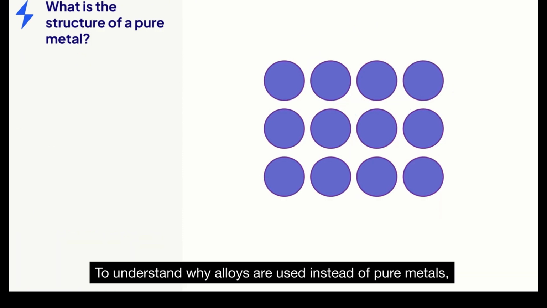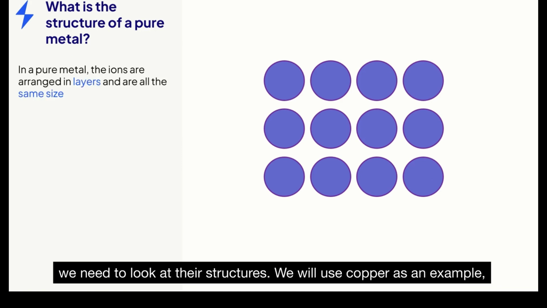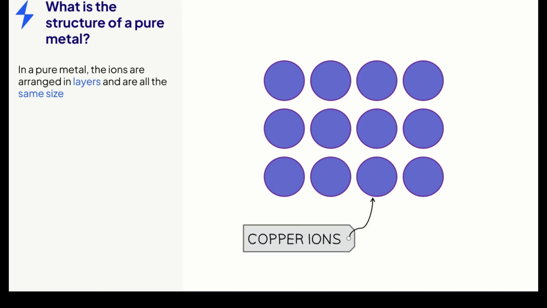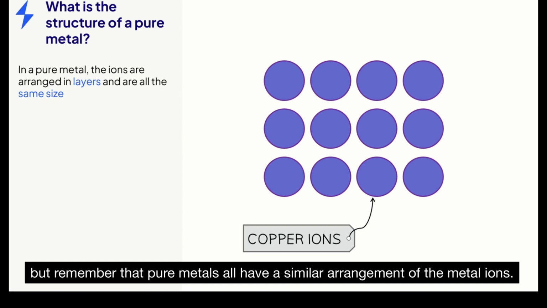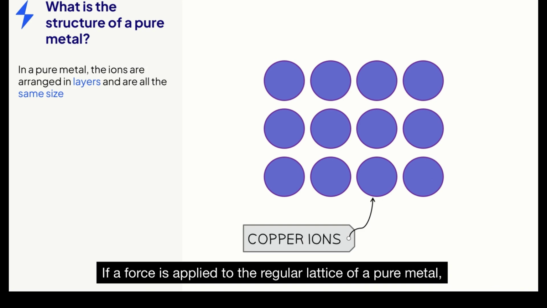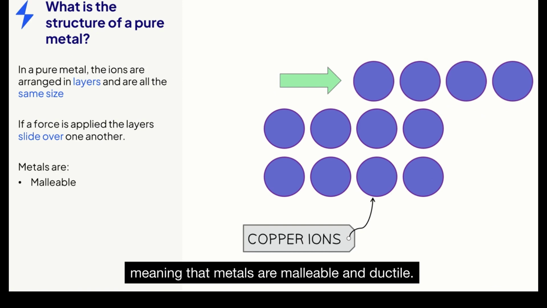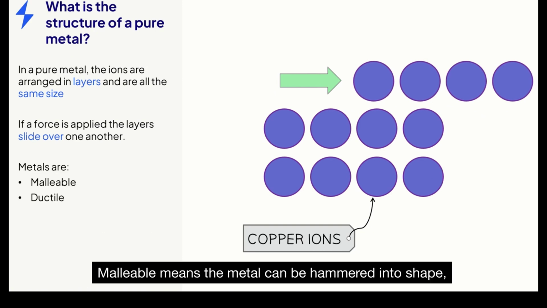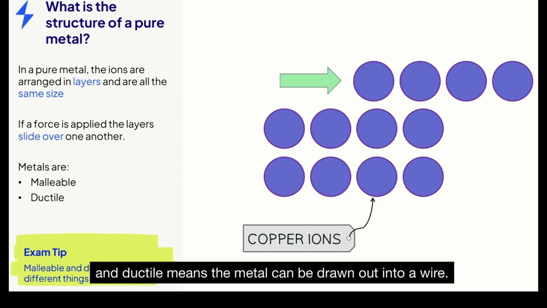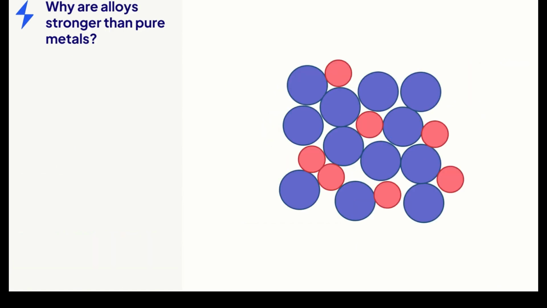To understand why alloys are used instead of pure metals, we need to look at their structures. We will use copper as an example, but remember that pure metals all have a similar arrangement of the metal ions. If a force is applied to the regular lattice of a pure metal, the layers can slide over one another, meaning that metals are malleable and ductile. Malleable means the metal can be hammered into shape, and ductile means the metal can be drawn out into a wire.